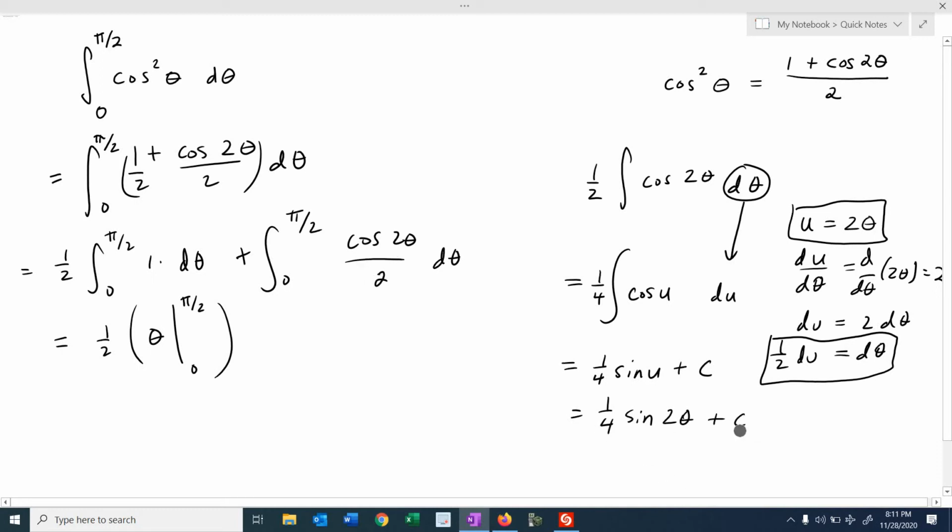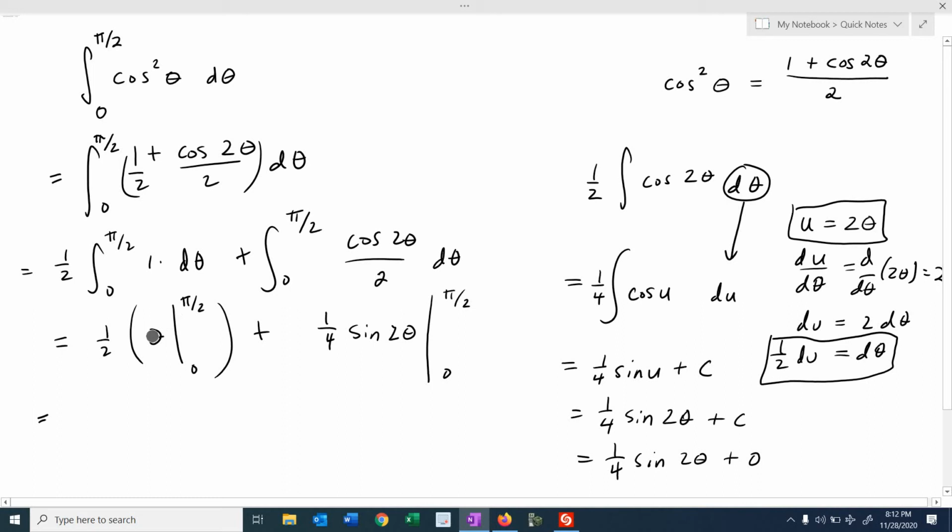And so let's just let c be 0 and use this antiderivative. Okay, so now we just have to evaluate that antiderivative at the upper limit minus what we get at the lower limit. Okay, so let's evaluate these.